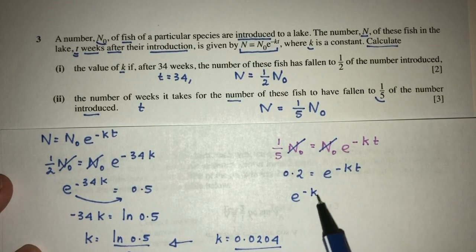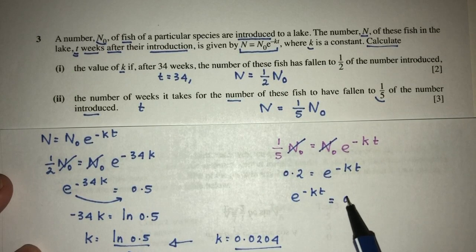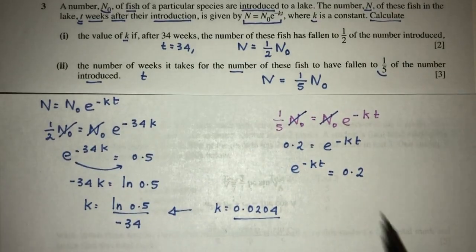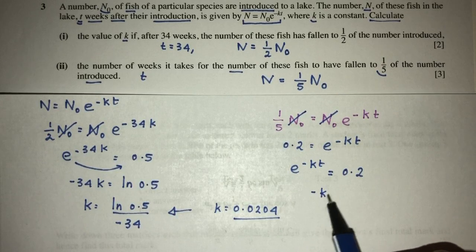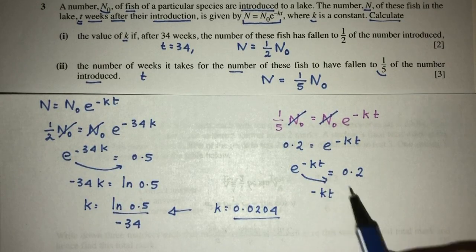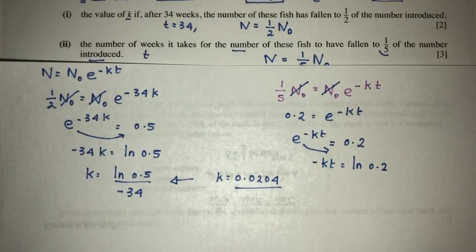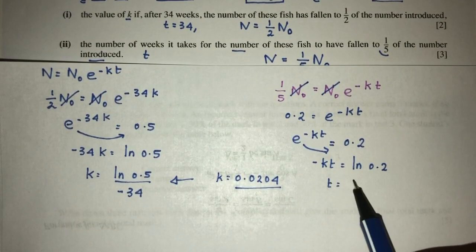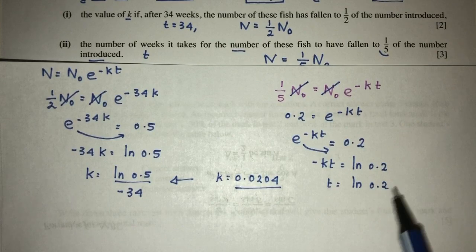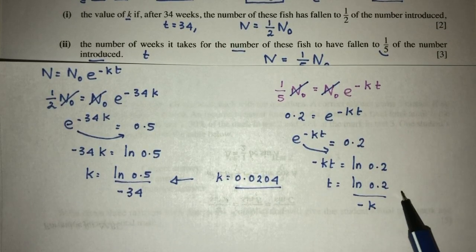So exponential minus k t is equal to 0.2. From this you can find the value of minus kt by sending this over here. You will have ln of 0.2. Now t has to be ln of 0.2 divided by minus k, which is what?